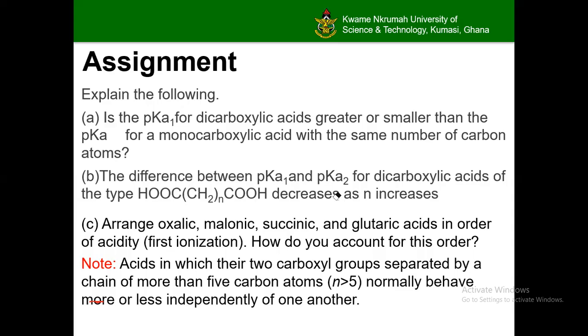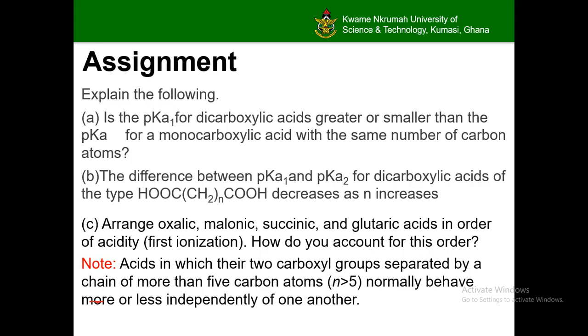And so if you talk about oxalic acid where there are no carbon between the two carboxyl groups, one carboxyl group enhancing the acidity of the other one is high. That is the highest. If you talk about glutaric acid where we have like 3 carbons between the carboxyl groups, right? One carboxyl group enhancing the other carboxyl group's acidity is what is reduced.